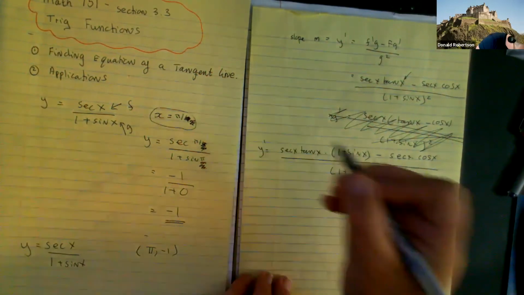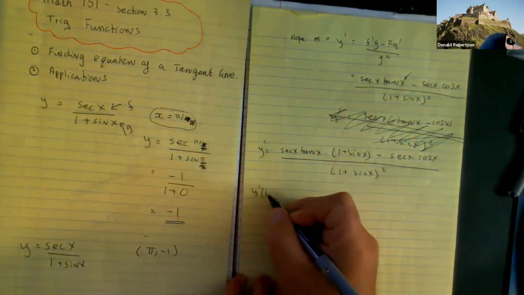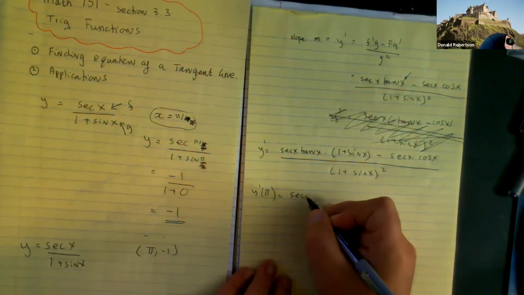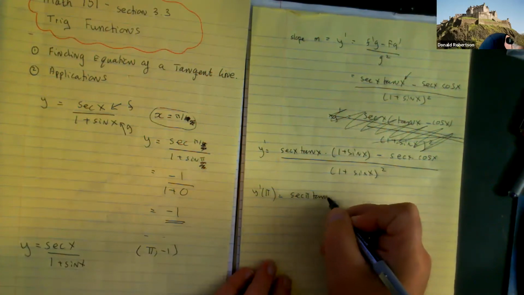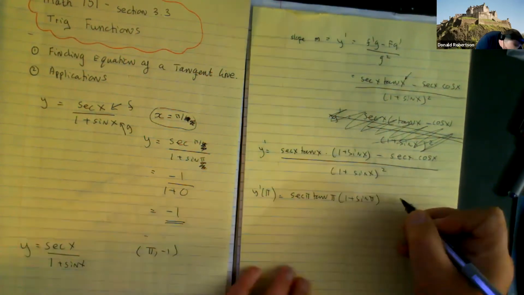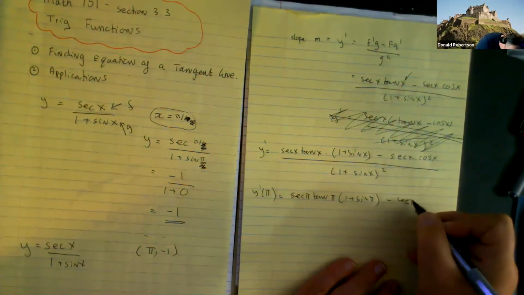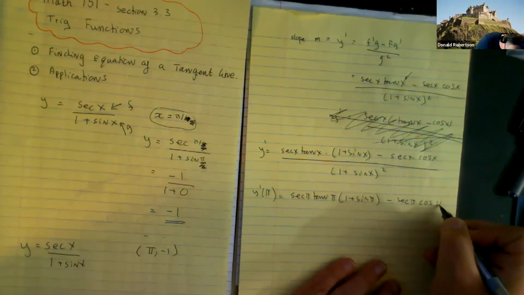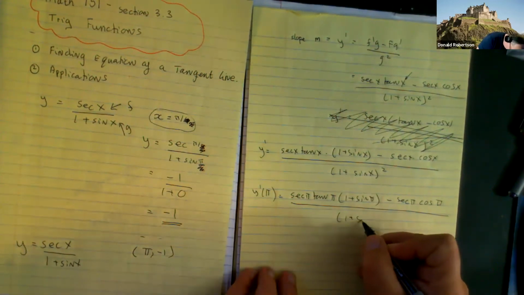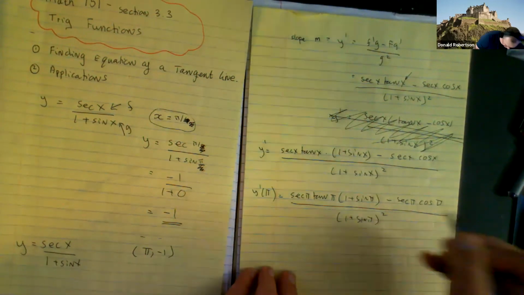Okay, so there's our derivative. I'm going to find our derivative at pi, and we're going to get secant of pi tan of pi times 1 plus the sine of pi, take away secant of pi cosine of pi, all over 1 plus sine of pi squared.